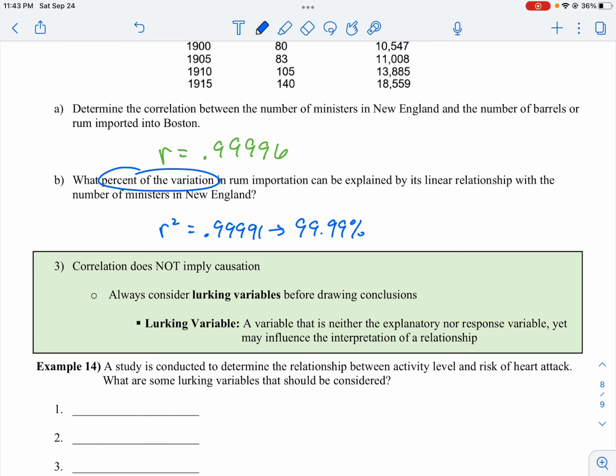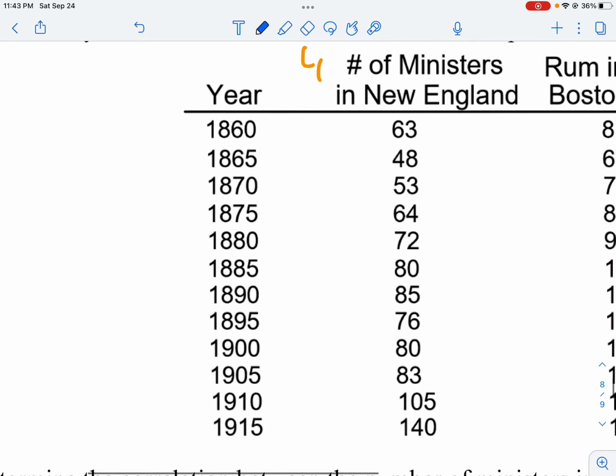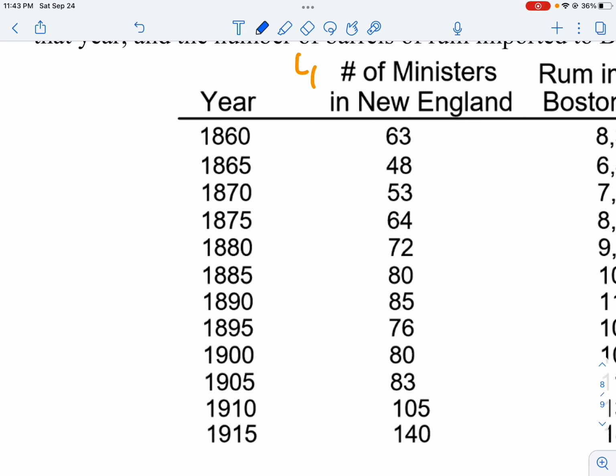And so in this case here, we think about the years that are going on. Well, this is early American history. What would be going on? Well, the population in general is increasing. Okay, so as the country is growing, there's more of everything.